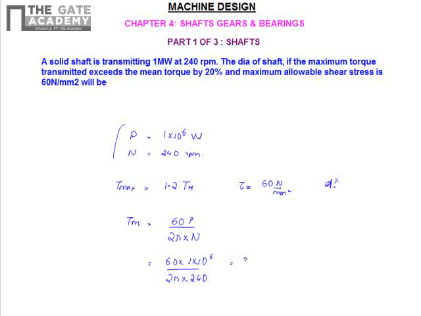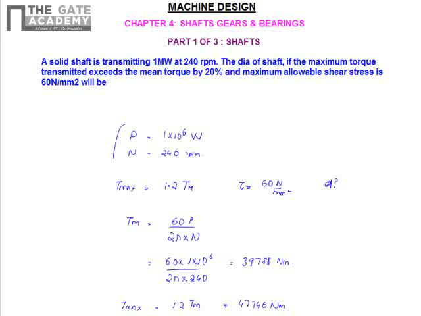This will be 39,788 Newton meter. Therefore, T max will be 1.2 times T mean. So this will become equal to 47,746 Newton meter.